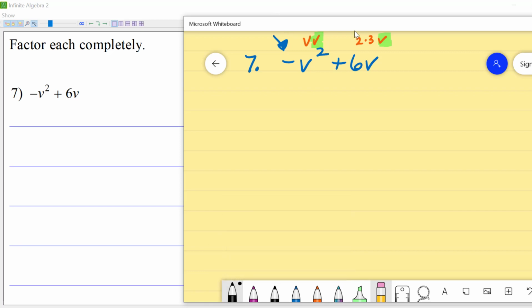And then we're going to factor the b out. But you see this negative sign right here? We have to factor it out too, because remember, we don't want there to be a negative in the leading coefficient. So this would be negative b that we're going to factor out. So this is the GCF.